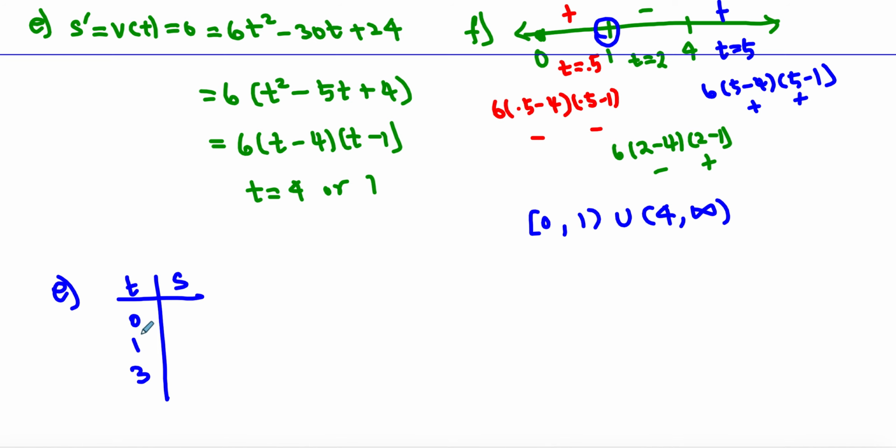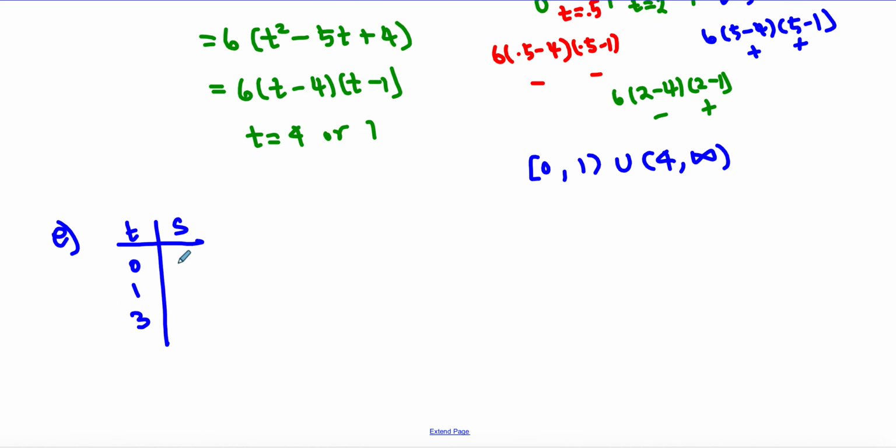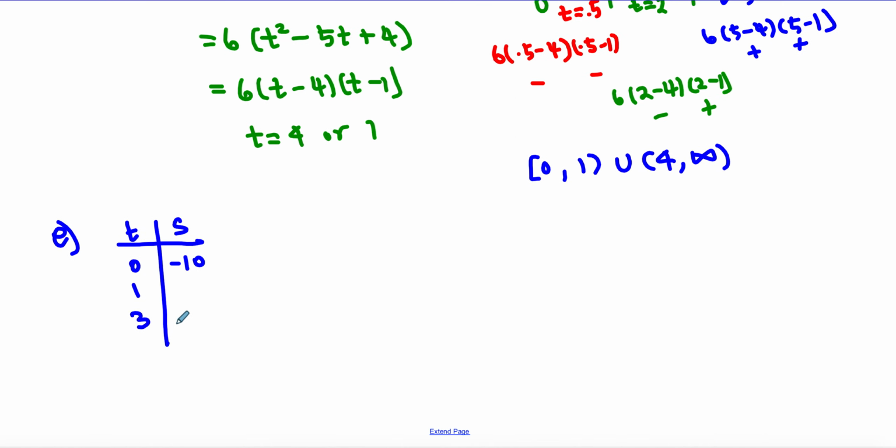When t was equal to 0, I know that it was at negative 10. And when t was equal to 3, the location we found to be negative 19.